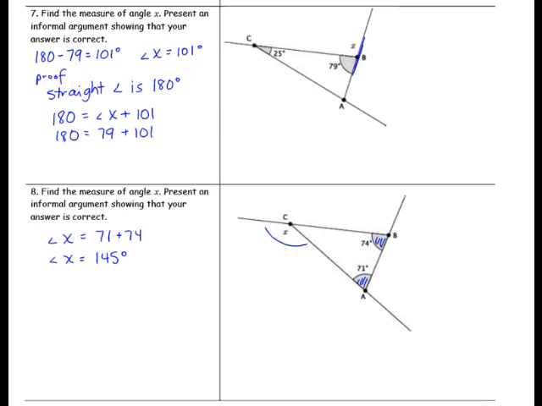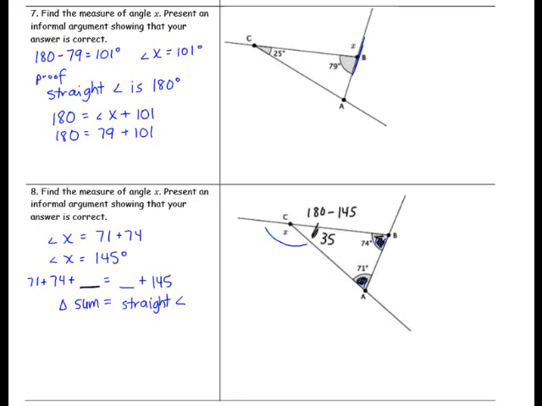An informal proof showing that this is correct. I know that the sum of the interior angles is equal to 180 degrees. The sum of the interior angles are 71 plus 74 plus the third interior angle. The third interior angle is found by subtracting the other two angles from 180.